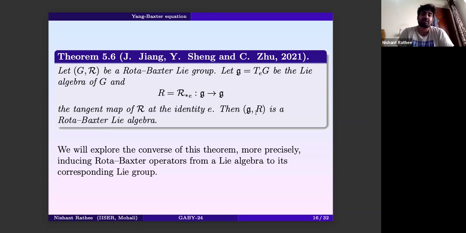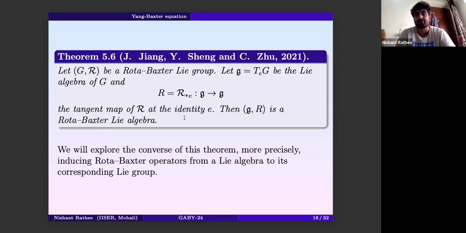Yeah. So actually, what they have given is: suppose you have a Rota-Baxter operator over a Lie group, then you can induce a Rota-Baxter operator over the Lie algebra. But finding a Rota-Baxter operator over a group is the real tricky case. People use this theme in Lie theory very well.